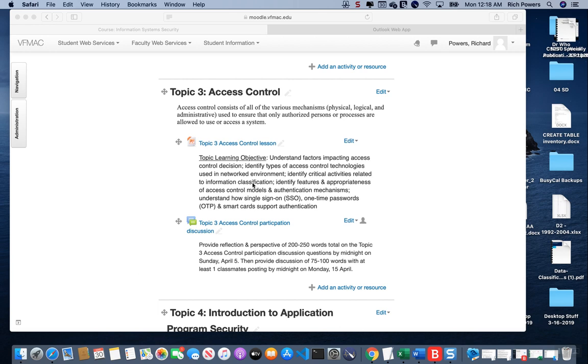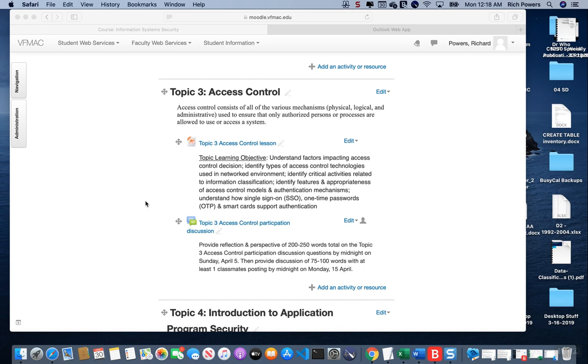We're going to talk about the different types of access control technologies, particularly in networked environments, because a big part of networking is access control, since a lot of access is done through networking. We'll talk about different activities around information classification, some of the different access control models, and authentication mechanisms.